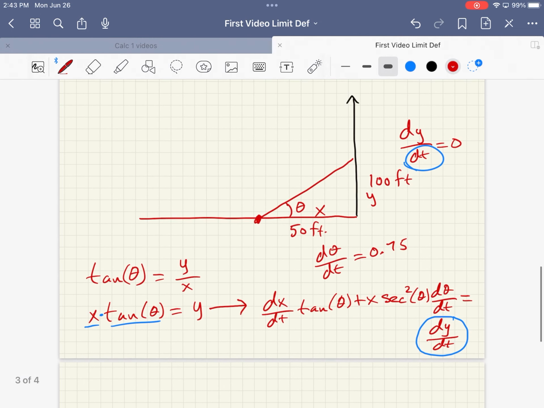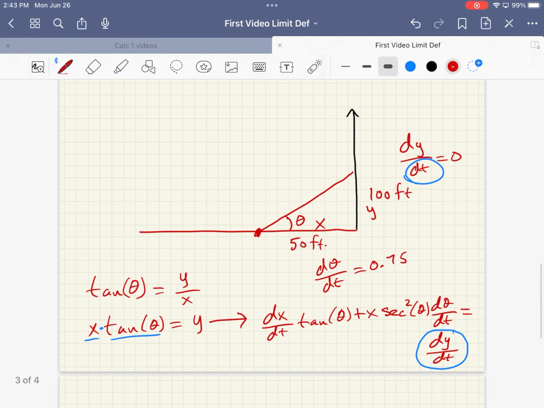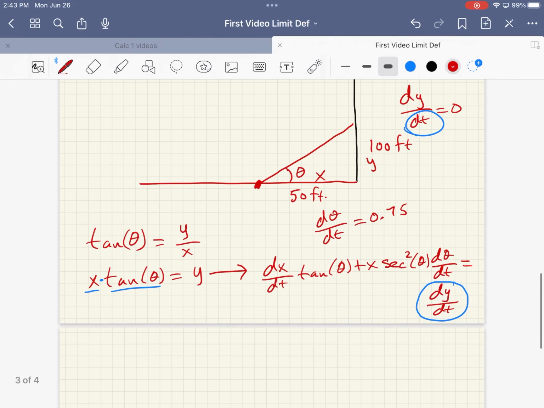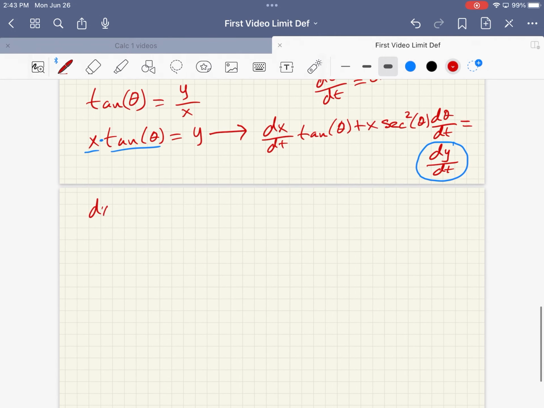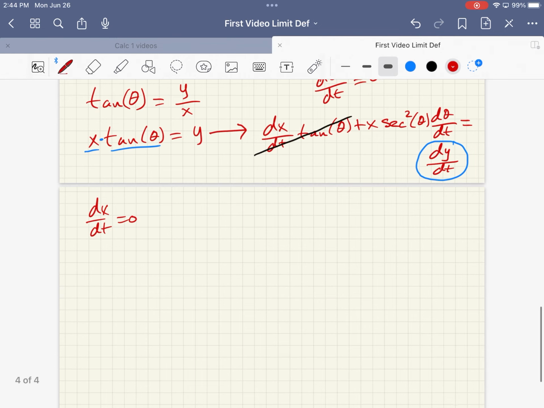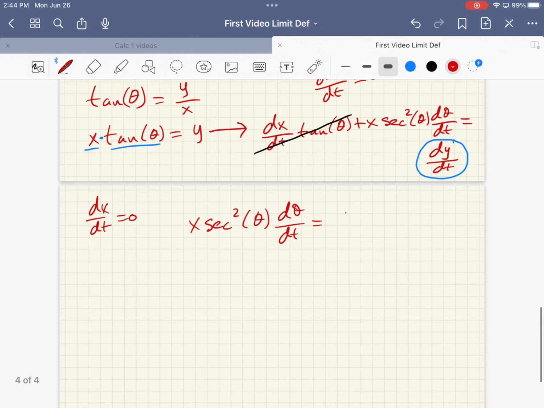Now, what we know is that x is the distance from the car to that first camera, and that camera is not moving. So therefore, we know that dx dt is equal to 0. So that means that this whole term right here can be canceled out. Then what I wind up with is x secant squared of theta d theta dt equals dy dt.